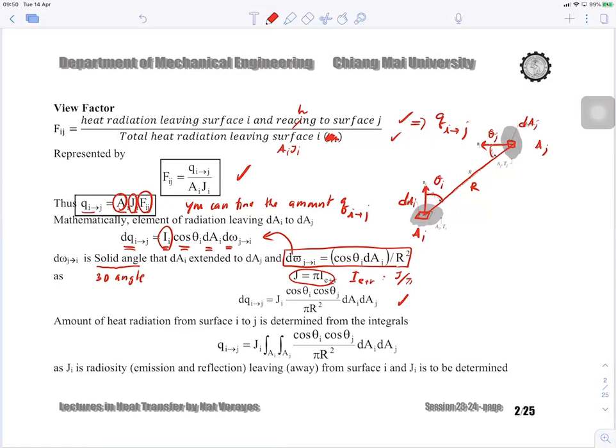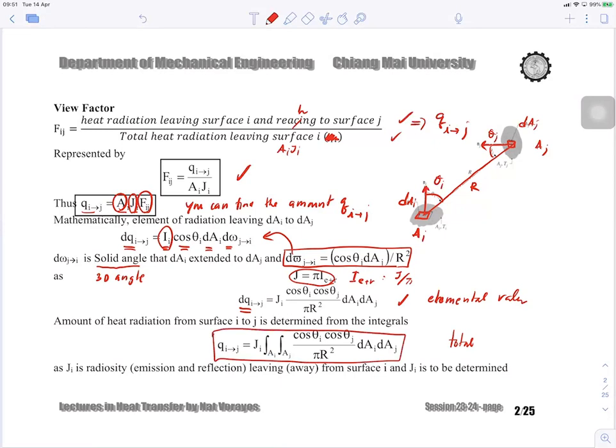So this is the element of the heat transfer leaving surface i to surface j in terms of radiation. But this is an elemental value, so you need the total value. The total value indicates all the heat transfer in every element. That's why you come up with the double integral like that.